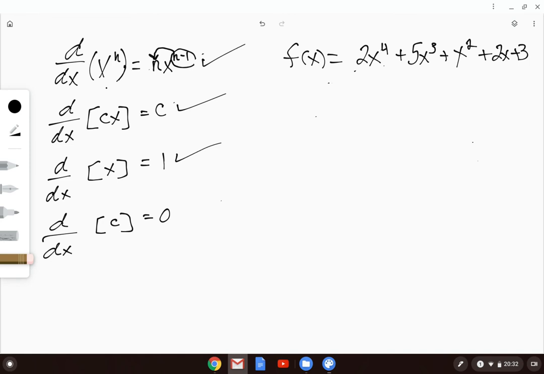Again, I would use my same rules to solve this kind of polynomial as well and to write a derivative function of it.